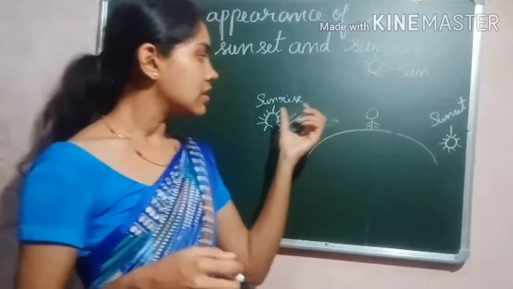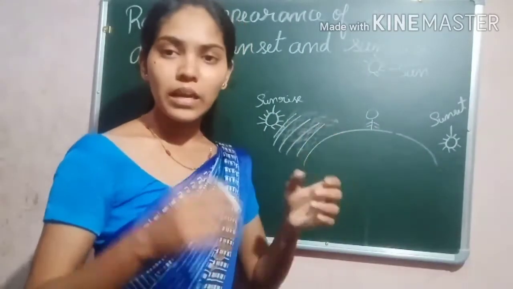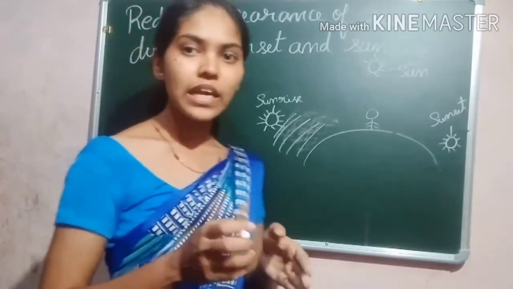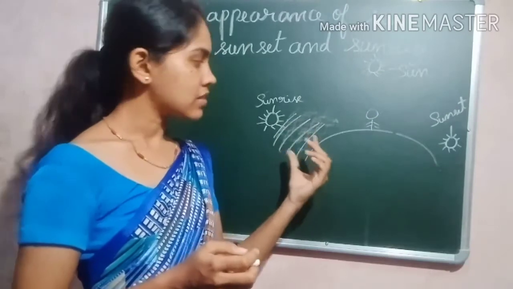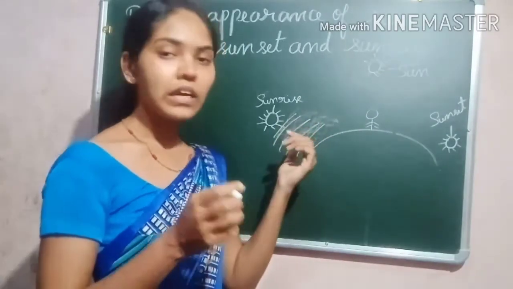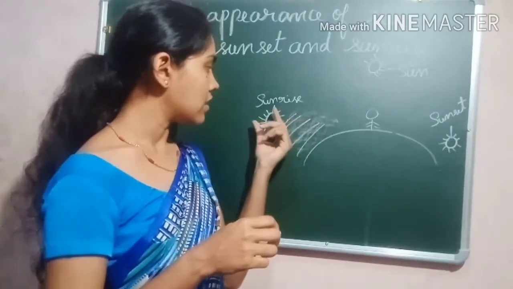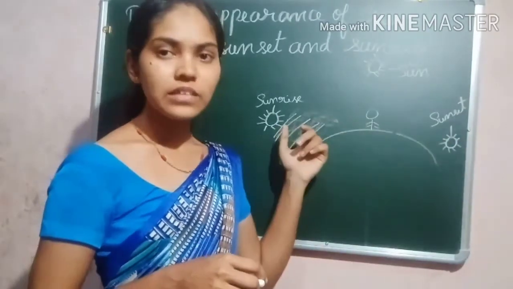That is why the sun appears reddish in color, because the colors which have shorter wavelengths get scattered more, and the color which has a longer wavelength is least scattered. That is why we can see the reddish color of the sun during sunrise and sunset.